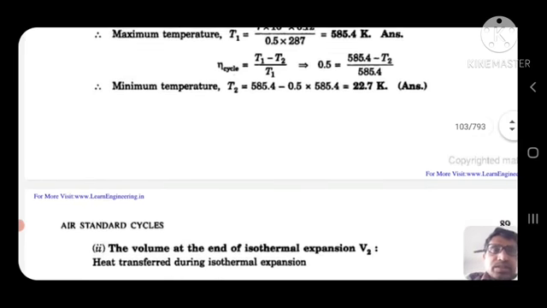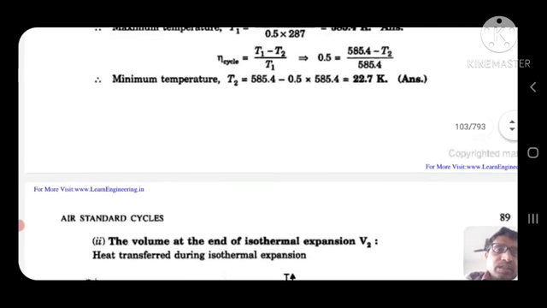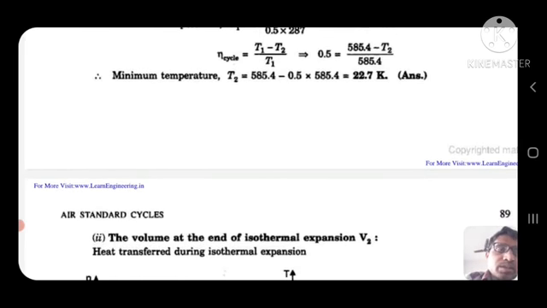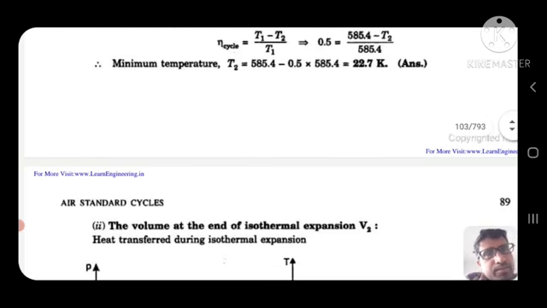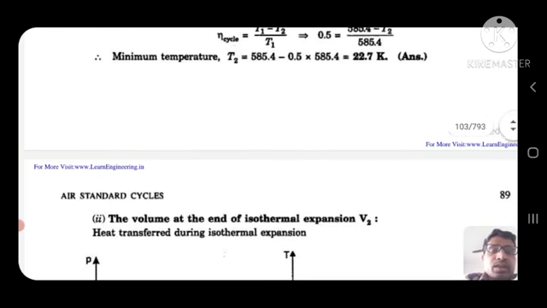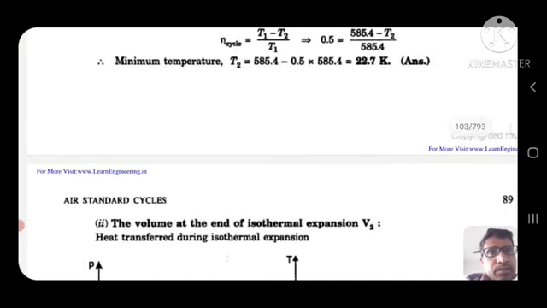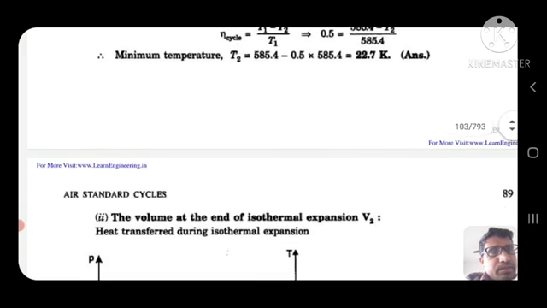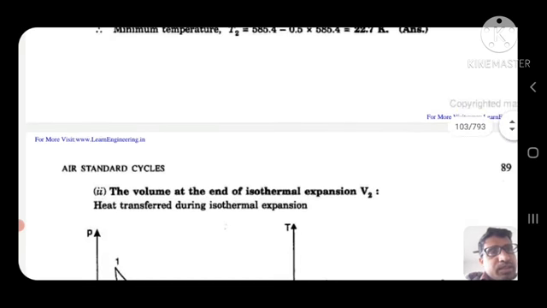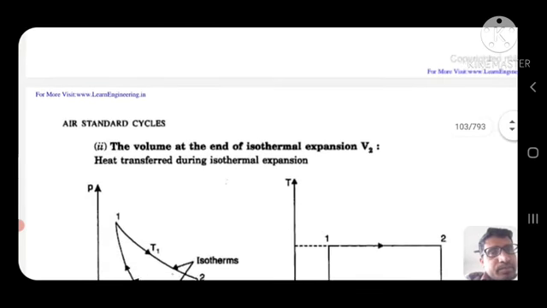So, efficiency of the cycle is (T1 minus T2) by T1, 0.5 is equal to (585.4 minus T2) divided by 585.4. Minimum temperature T2 is equal to 585.4 minus 0.5 into 585.4, 292.7 Kelvin.